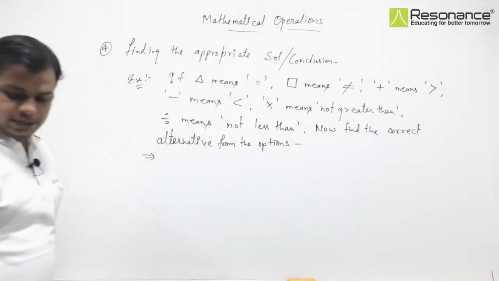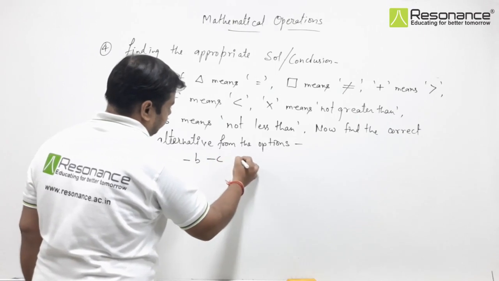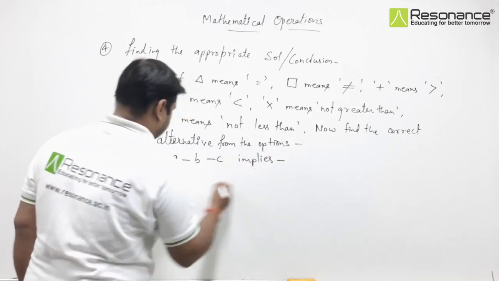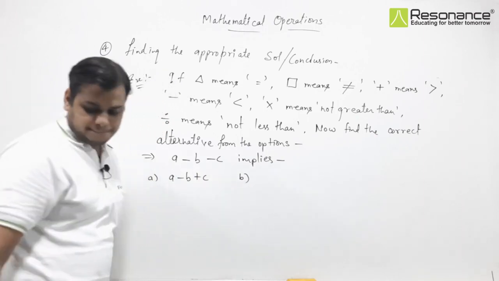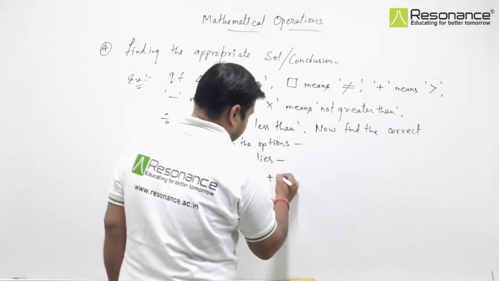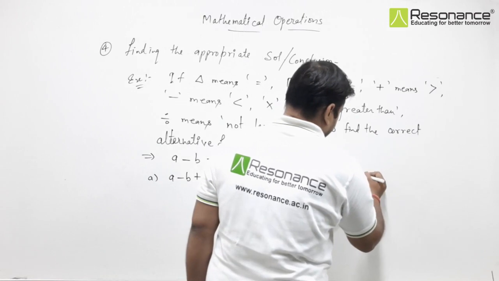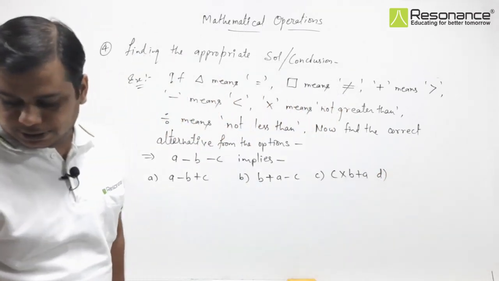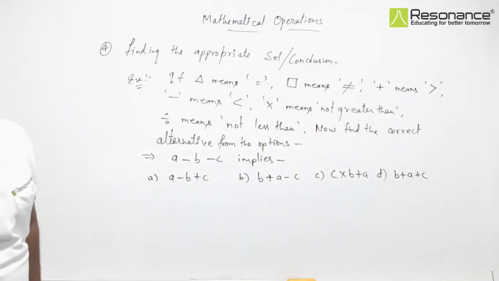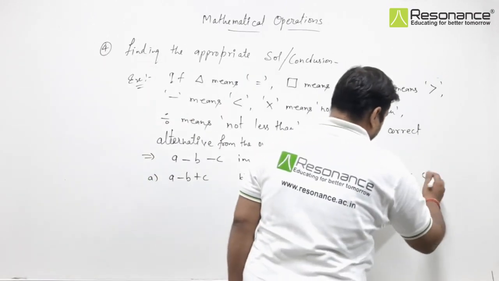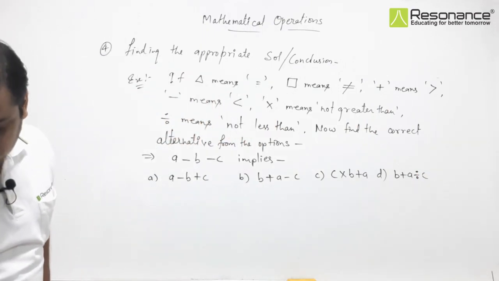The question we have is A minus B minus C implies, and the options are A minus B plus C, B plus A minus C, C multiplied by B plus A, and the last option is B plus A divided by C. Okay.